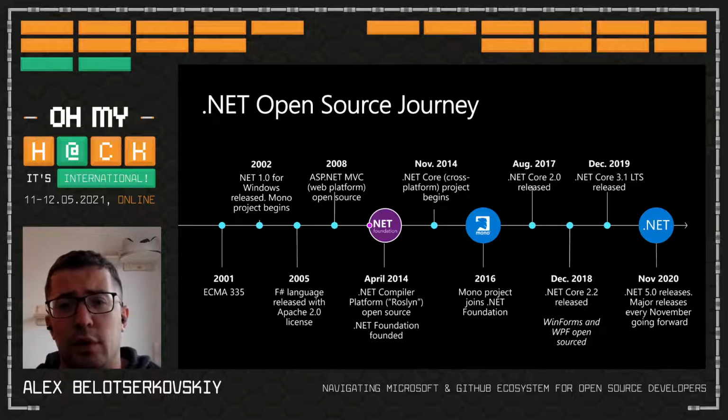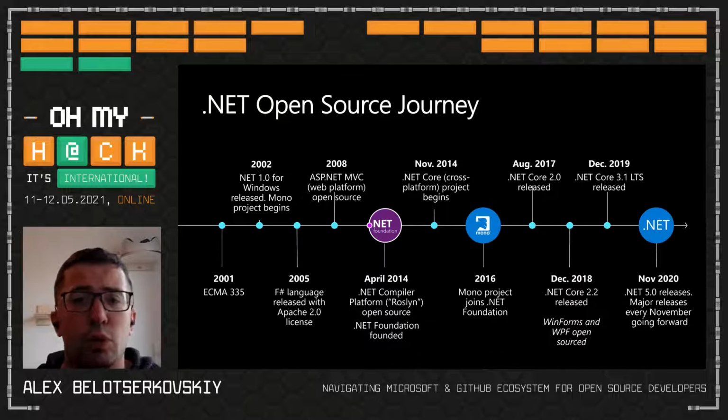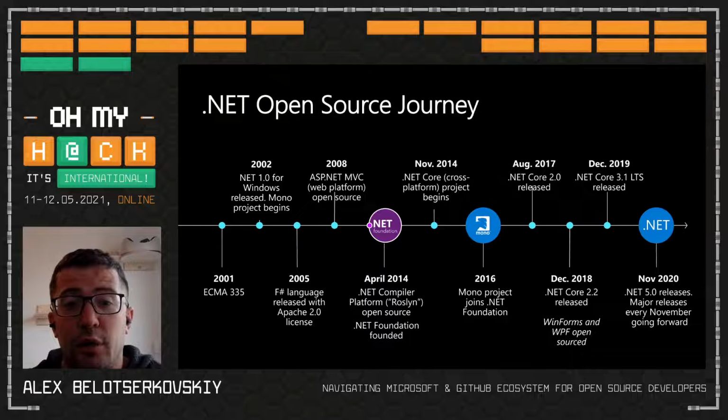And we open sourced a lot of things like WinForms, WPF, and who would think that WPF could be open sourced? But what is even more important is that we helped to found the .NET Foundation.